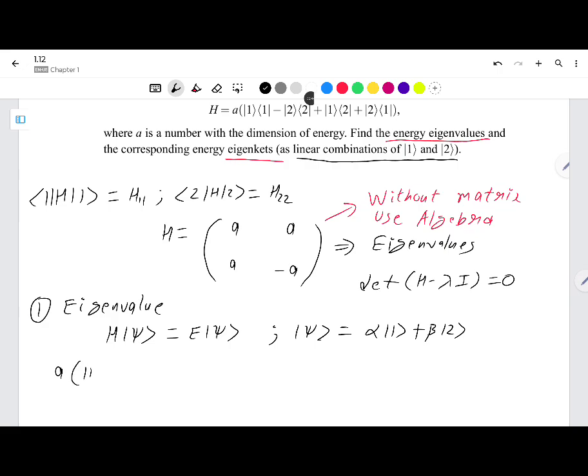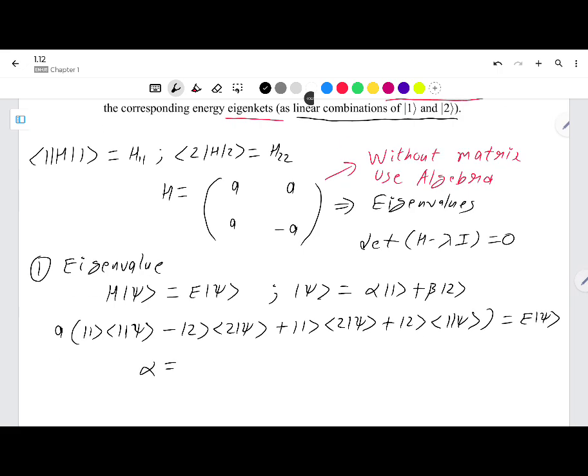The first is |1><1|psi> minus |2><2|psi> plus ... this equals E psi.